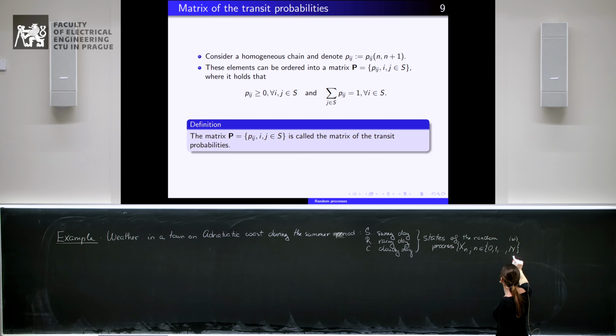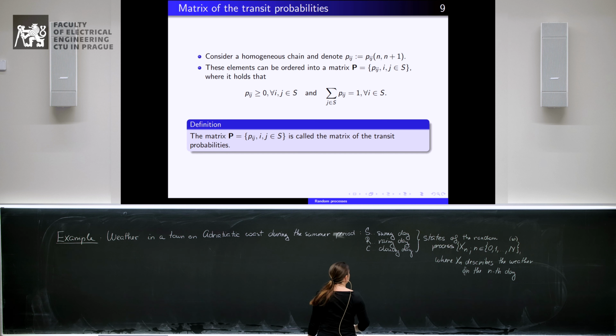So the process describes the weather on the nth day of the summer season.